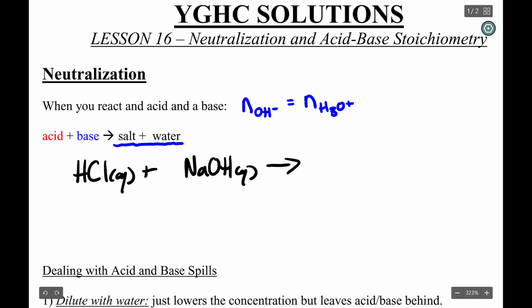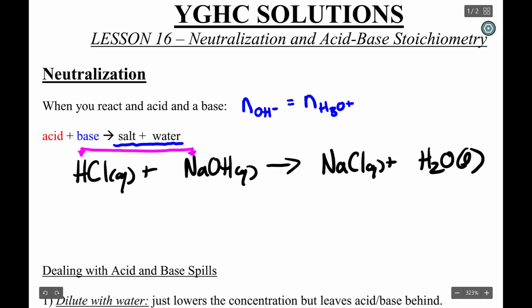Now, if I react these two things, and I follow double replacement reactions from earlier chemistry courses, the two like items would replace one another. For instance, the hydrogen, which is positive, would swap places with the sodium, which is positive. And so you would produce NaCl aqueous and water liquid.